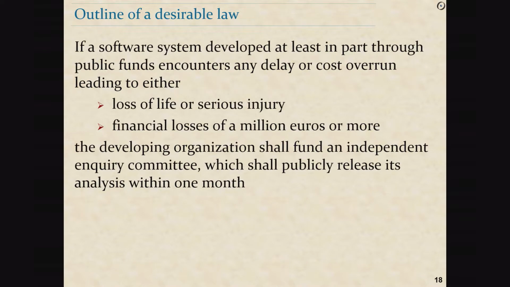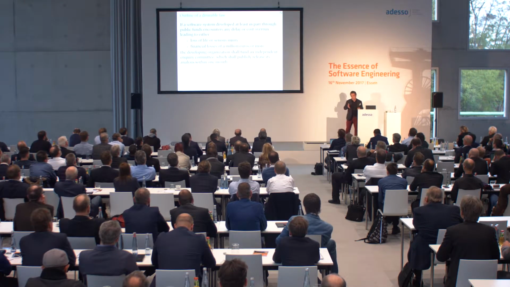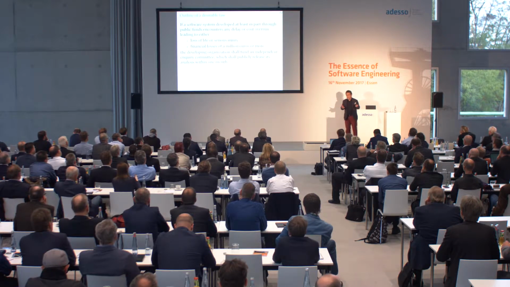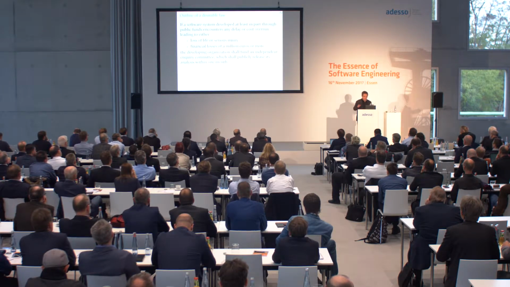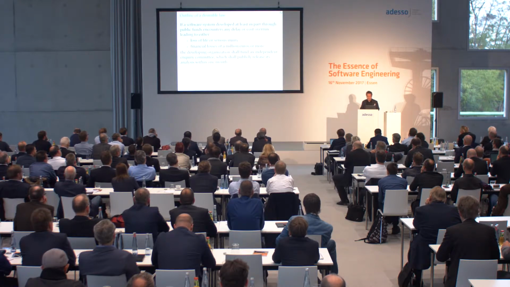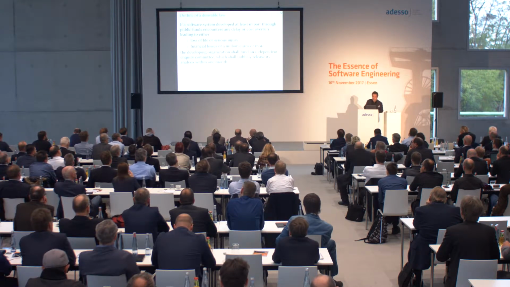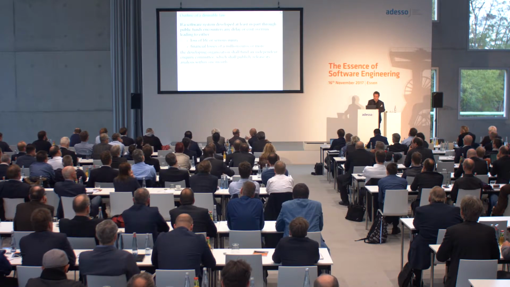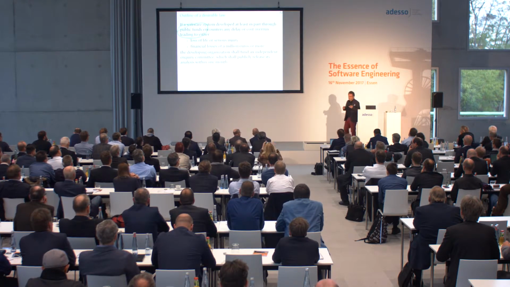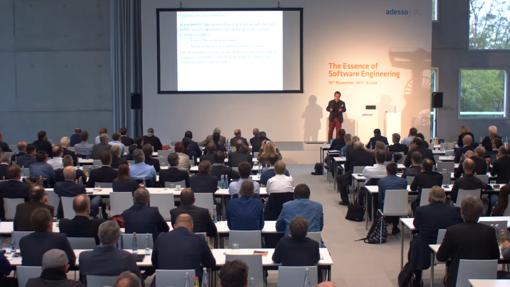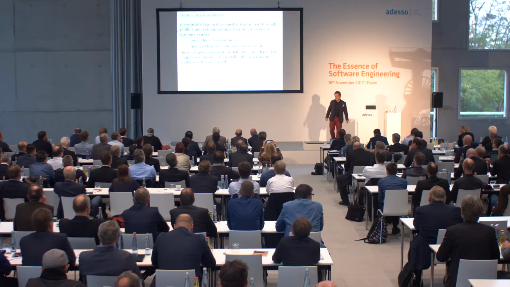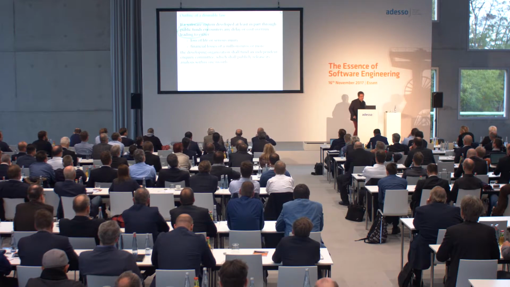So I'm lobbying, with absolutely no success whatsoever, even though I've published this in a few places already, for a law which, in the appropriate countries, would force companies, whenever they have a serious software defect, and to avoid interfering with free commerce we have to insist that it's when there's public funding. You can put in some restrictions, but basically anytime there's something serious, there should be an inquiry commission, like in the Ariane case, so that we learn, like the airline industry has.